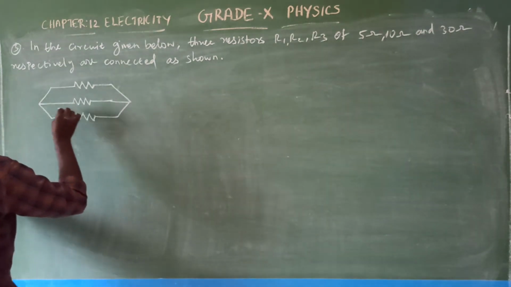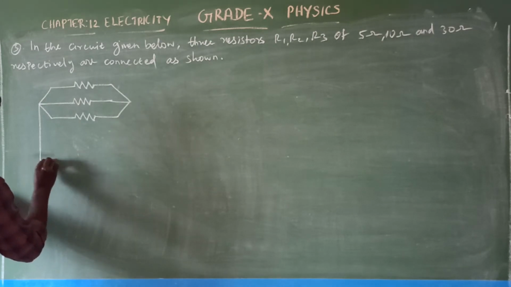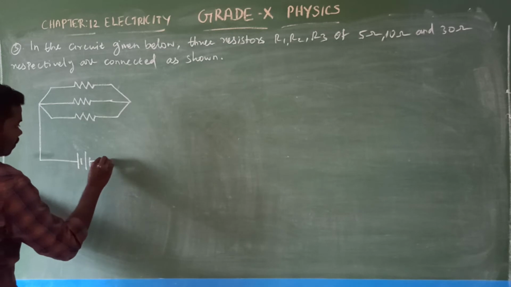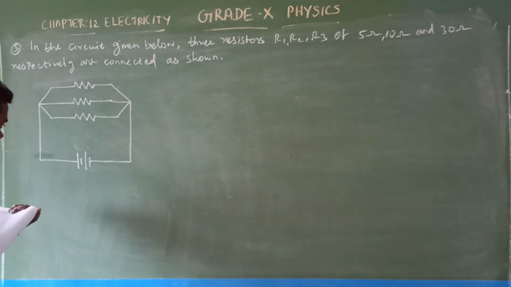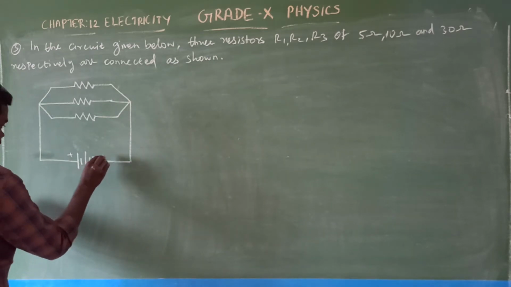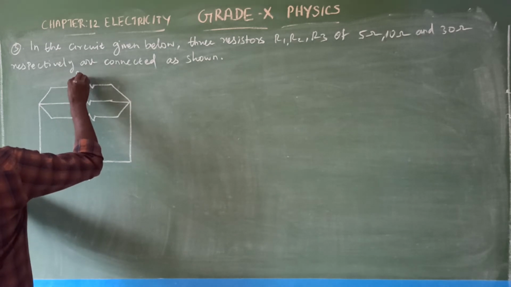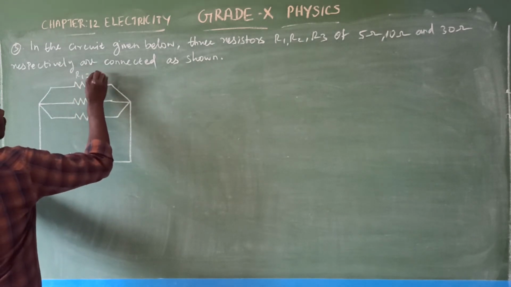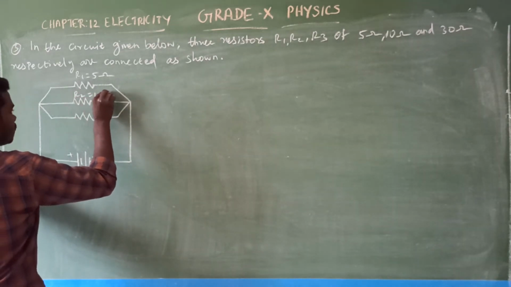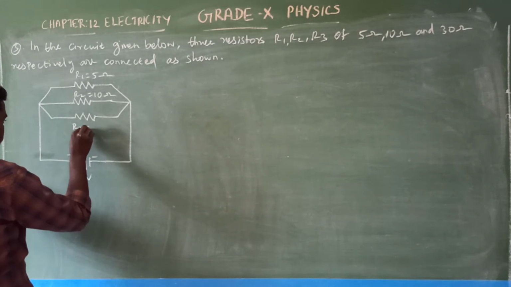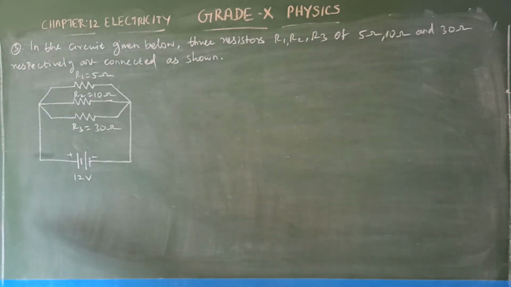See, all the resistors are connected between the same two points, along with the two terminals of the battery, isn't it? Here the R1 value is 5 ohm and R2 value is 10 ohm. This R3 value is 30 ohm.